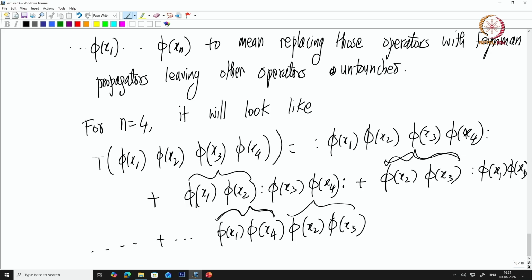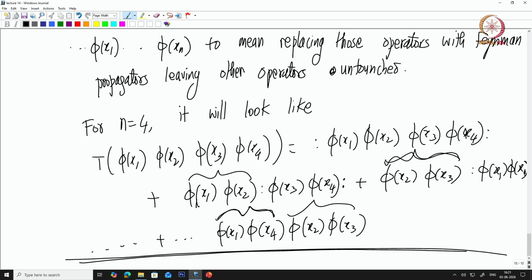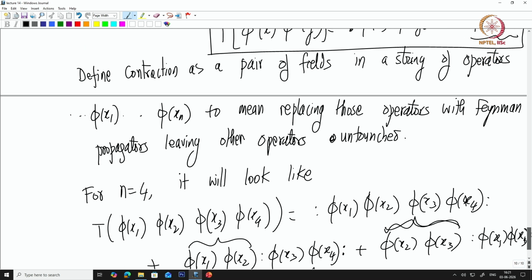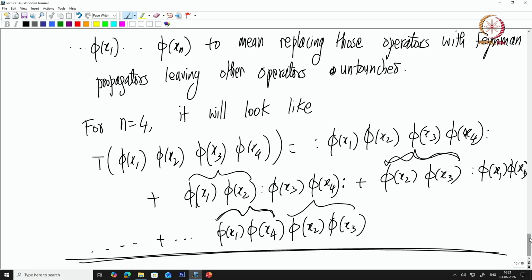So, what I will do is I will stop here. This is the generalization of Wick's theorem, and we will start from here in the next class. I will apply it, for example, to nucleon scattering or nucleon decay, and then we will see how this leads to a simple algorithmic picture like Feynman diagrams, and let us try to calculate one simple process.